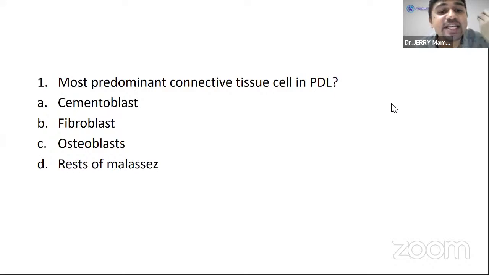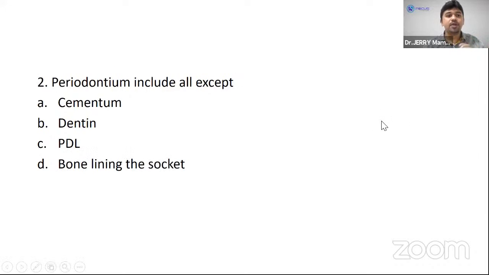It is an ectomesenchymal origin. Very good. So all 3 points are now clear: ectomesenchymal, dental follicle, fibroblast, PDL. It should be etched in your brain now. You should not forget it. So question number 1, the answer is fibroblast, option B. Very good. Everybody gave the correct answer.